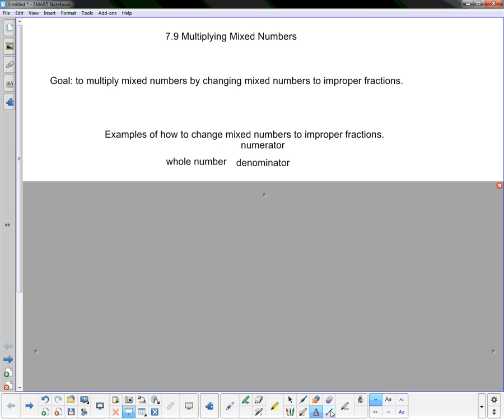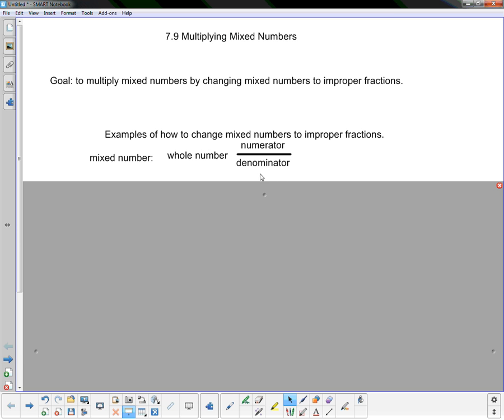And then, of course, we have our line to represent that the numerator goes on top and the denominator goes on the bottom. And this is our whole number. Now, this is a mixed number. This is our definition of a mixed number: a number that is bigger than 1, but it's still a fraction. So we have our whole number and a numerator and a denominator.